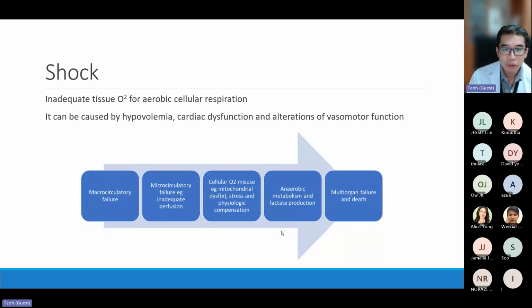Examples of this will be mitochondrial dysfunction, sepsis, stress, or other physiologic compensation that increases the oxygen demand. And because of all these circulatory failure as well as tissue hypoxia, eventually the patient will develop anaerobic metabolism and lactate production. And when acidosis sets in, the patient usually will progress into multi-organ failure and death.